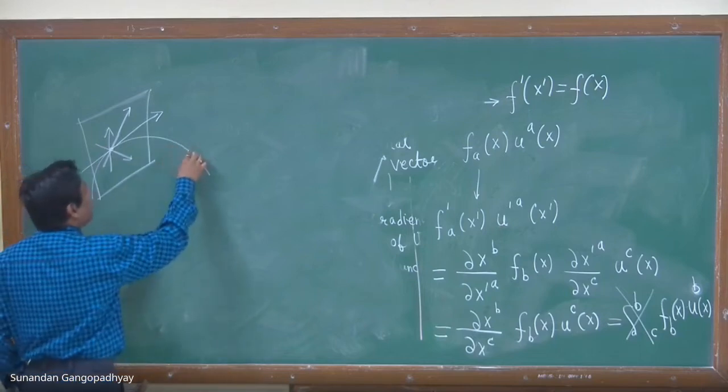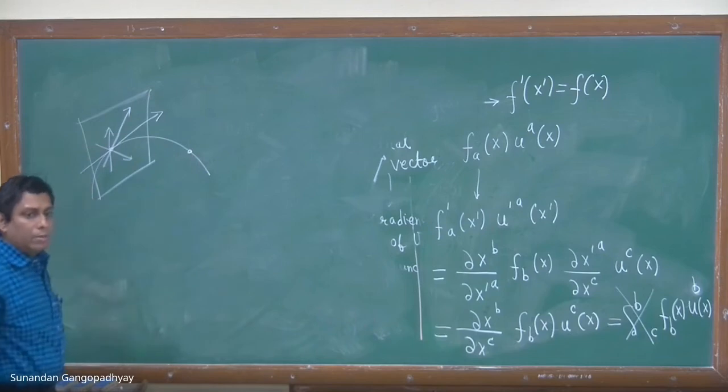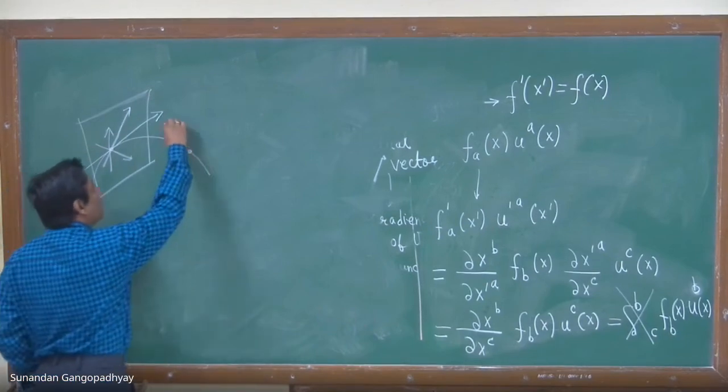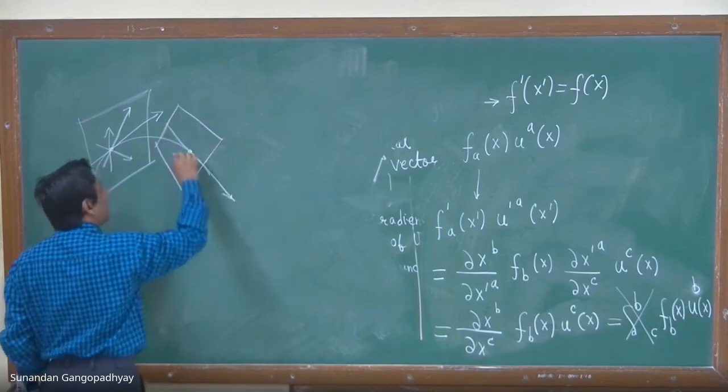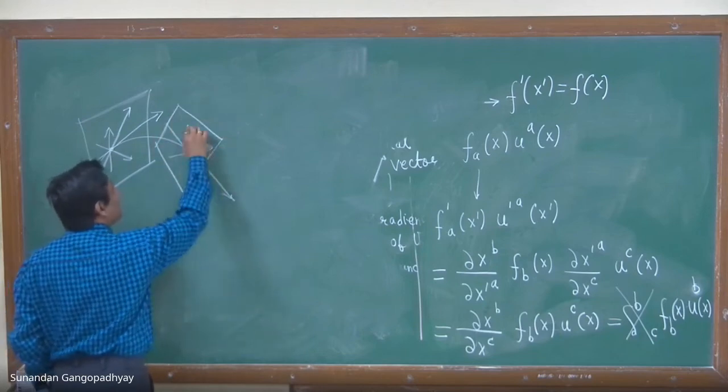Similarly, at different points, we will have different tangent planes and there will be different vectors. At this point on the surface of the sphere, this is the tangent plane, and there will be vectors like this and this.